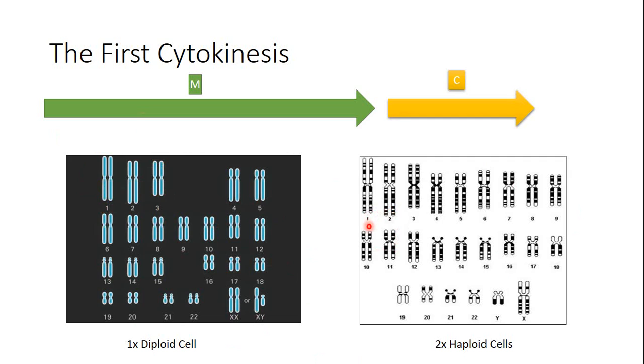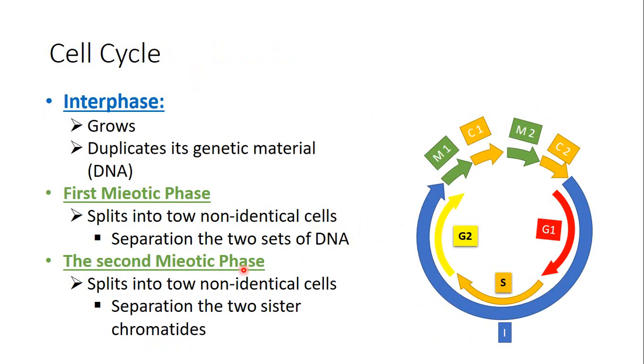And here I have only one chromosome from each pair, so I don't have pairs anymore, but every chromosome is made up of 2 sister chromatids. And this is at the end of the first cytokinesis. Now, the first meiotic phase is over. I got 2 cells of 23 chromosomes each, and now I move to the second meiotic phase.